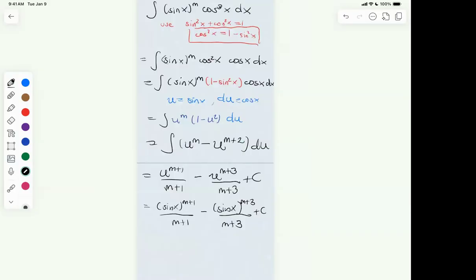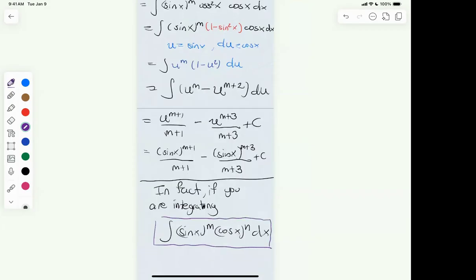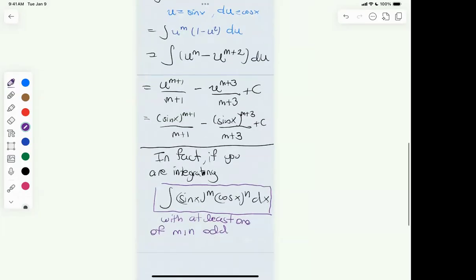So just to write that down, in fact, if you're integrating sine of x to the m times cosine of x to the r, with at least one of m and r odd, then you can always do this trick.